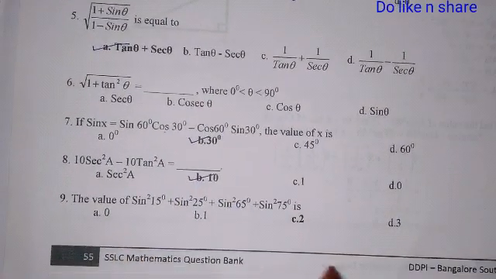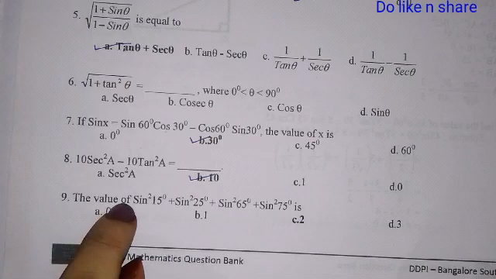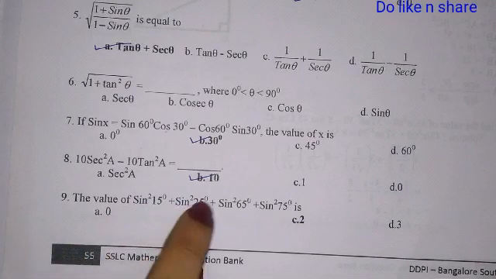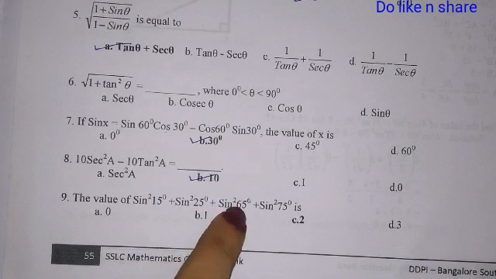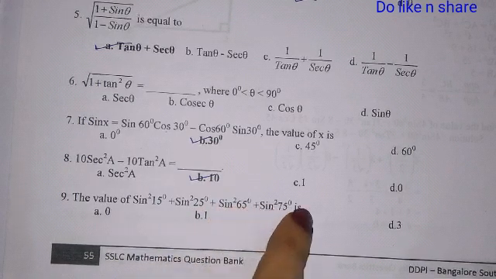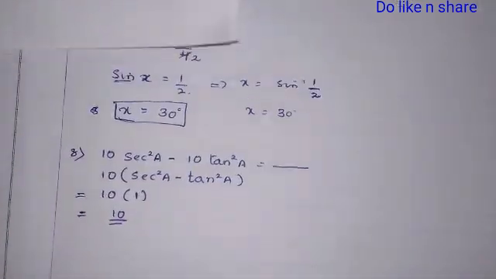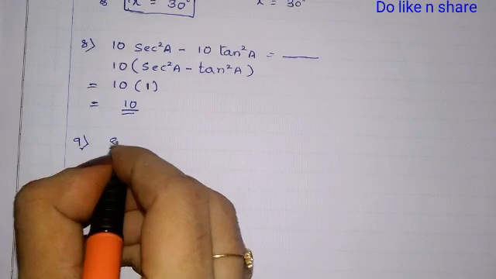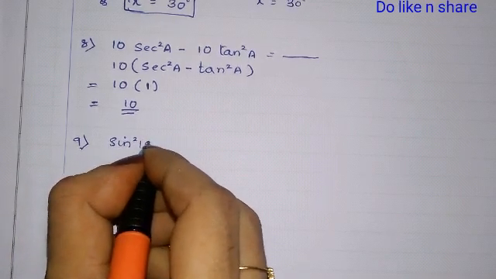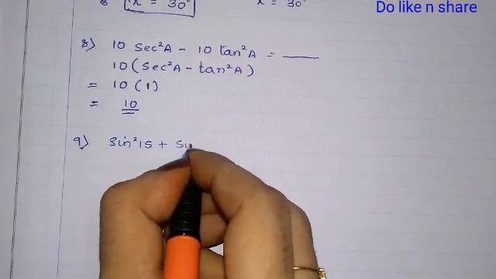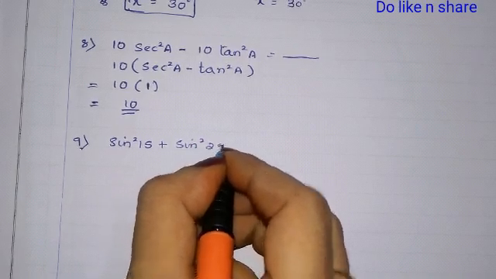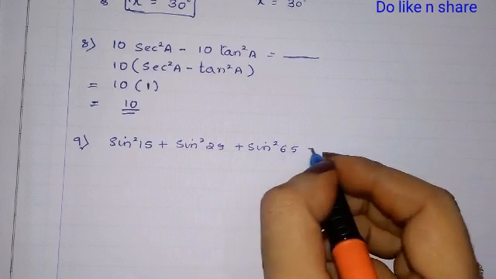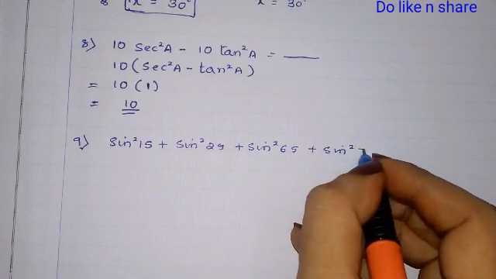Okay. Now here the question: the value of sine square 15 plus sine square 25 plus sine square 65 plus sine square 75 is. Okay. Let us write the ninth one now. The value of sine square 15 plus sine square 25 plus sine square 65 plus sine square 75.